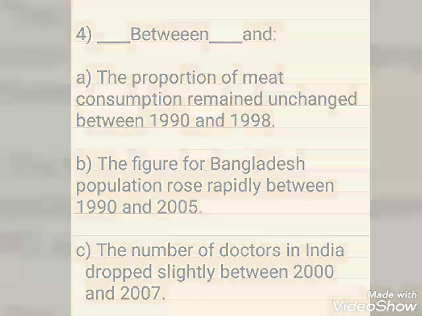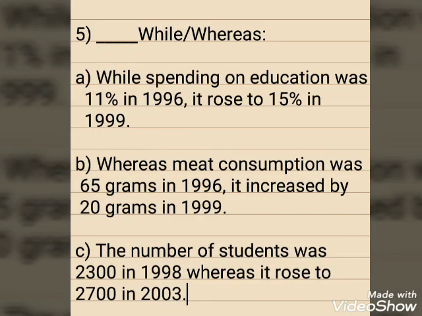Okay, then the next structure, dash while slash whereas. While sentence: while spending on education was 11% in 1996, it rose to 15% in 1999.